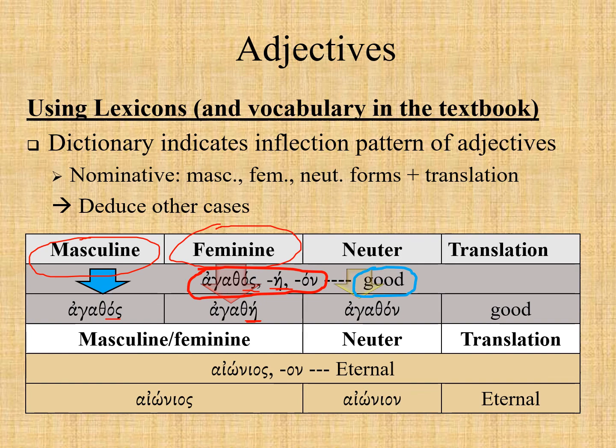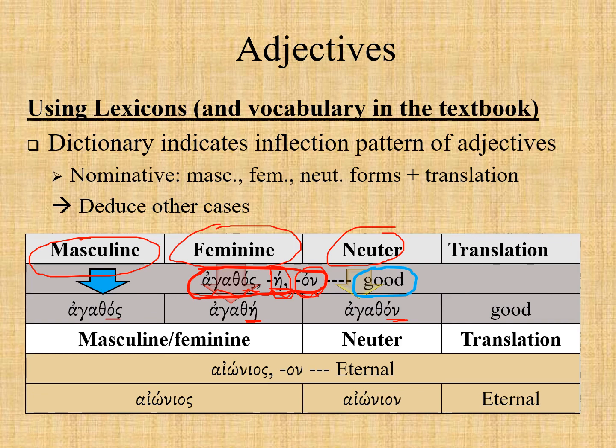And then you have agathon, which is the neuter form of the word. But looking at this abbreviation in your vocabulary, you should be able to decipher that the first one, agathos, is masculine, agathe is the feminine form, and agathon is the neuter form of the word good.